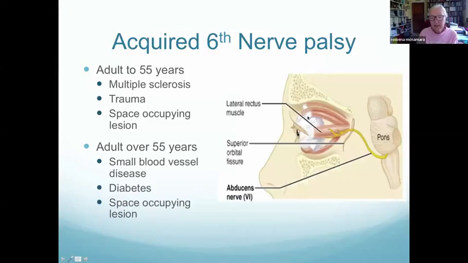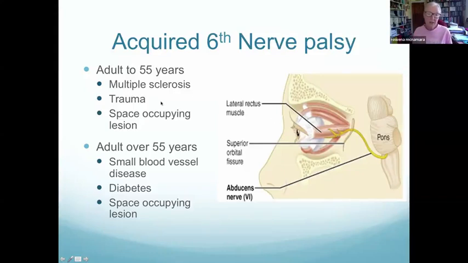We had a look at the anatomy of the extraocular muscles in the last lecture, and I want you to realise that those muscles are innervated by the nerve. So when the nerve is generated in the midbrain, it sends a message to the muscle to contract. So we have conditions which could affect the nerve in its course from the midbrain into the muscle.